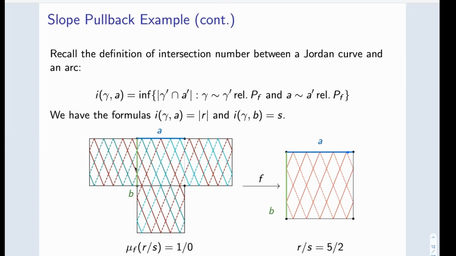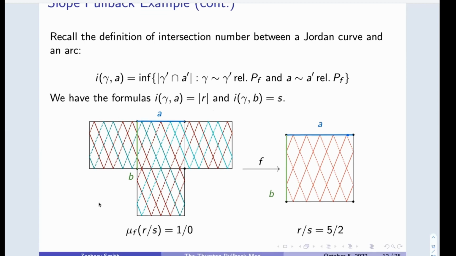So I need to ensure, I guess, that this red curve is going to be in minimal position relative to my green curve, up to isotopy. And in fact, I see that. Let me draw a picture. If you follow the trace of this red pullback, then you end up with a bigon on this side.